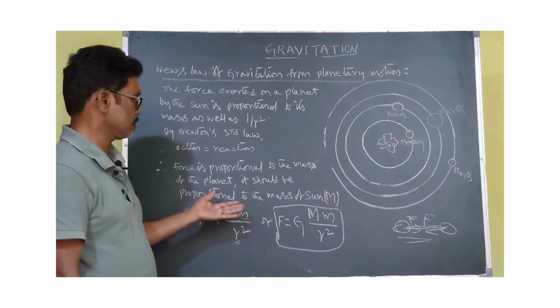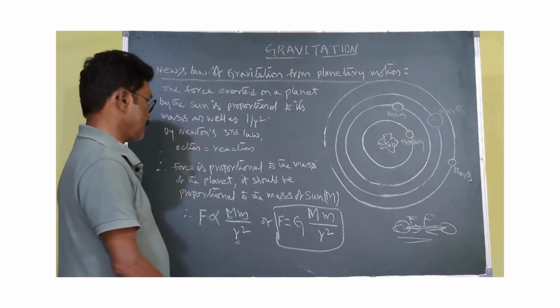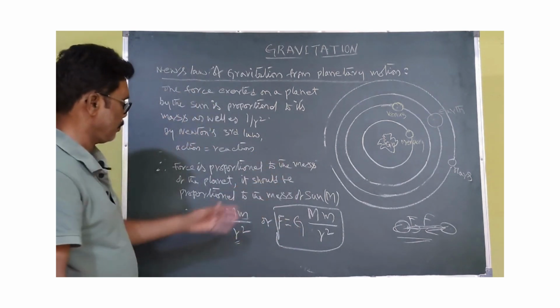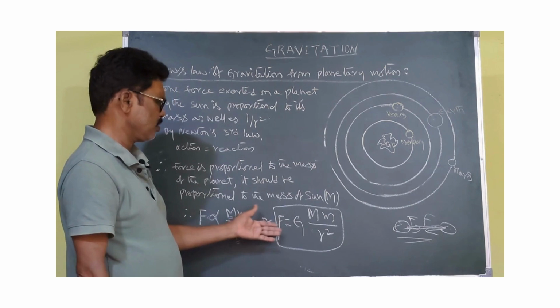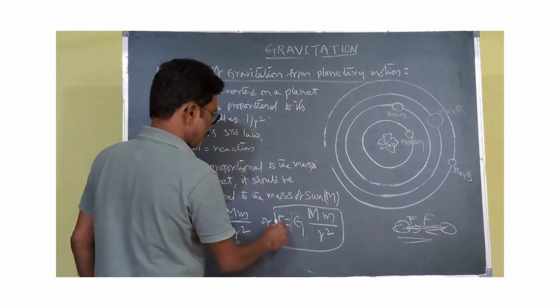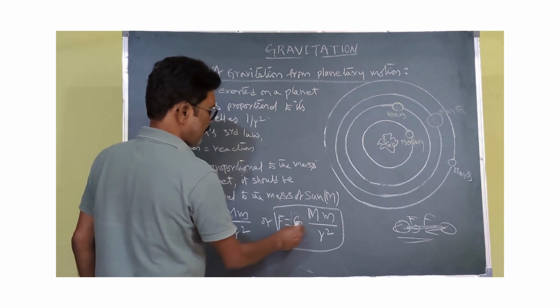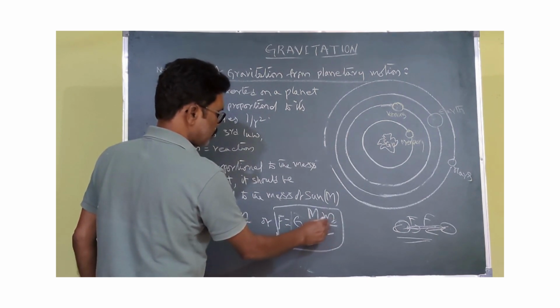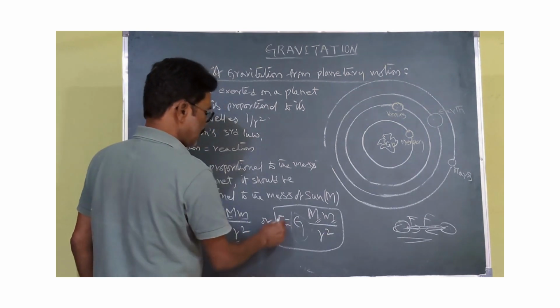G is a constant, so if you want to calculate F, you need the mass of the Sun, the mass of the planet, and the distance between the two, r square, and you can calculate the force.